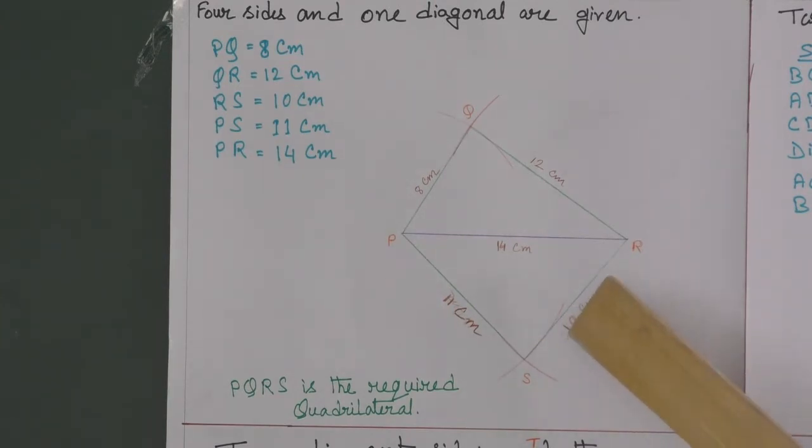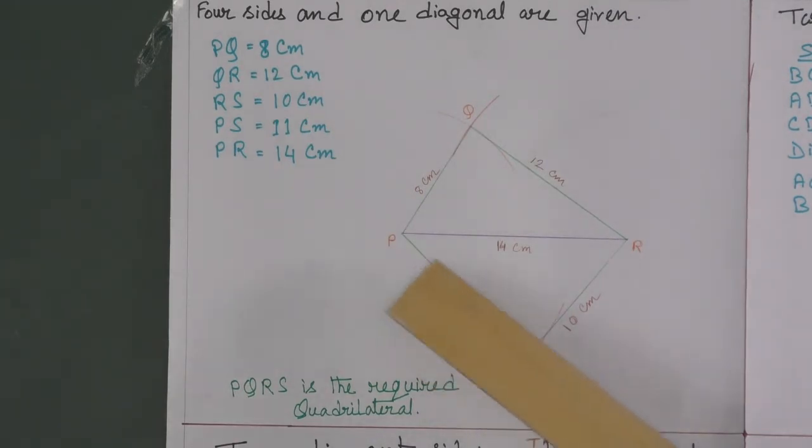Both the arcs will intersect each other and the intersecting point is our S. So now join P and S points and R and S points. So PQRS is the required quadrilateral.